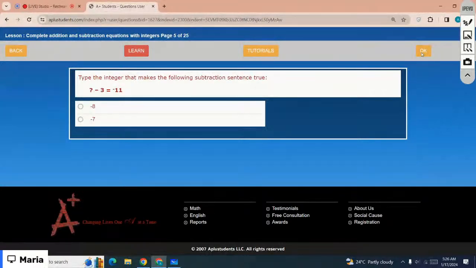Type the missing integer that makes the following addition sentence true. Missing number minus 3 equals negative 11. So, which is the correct option?